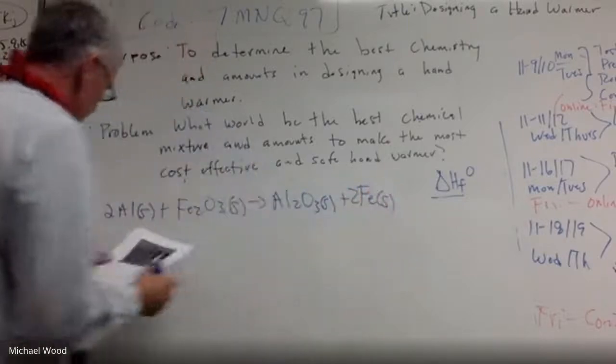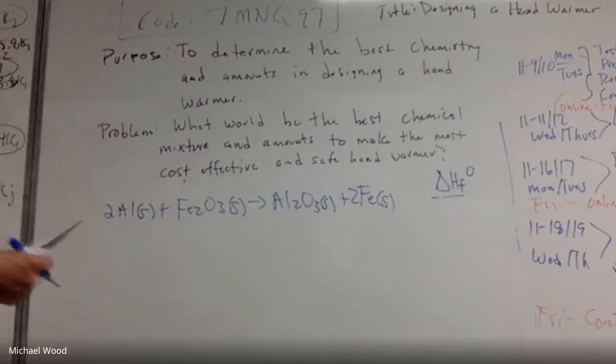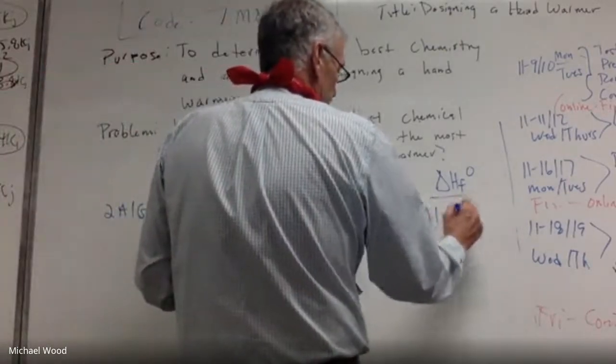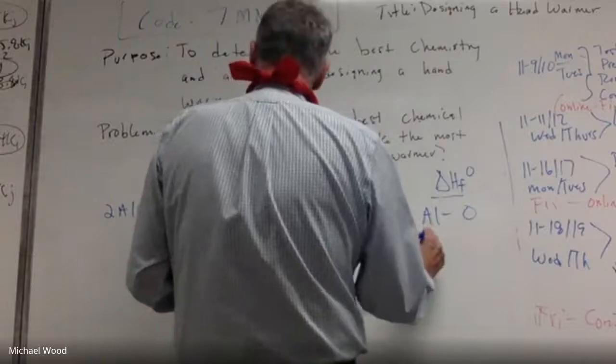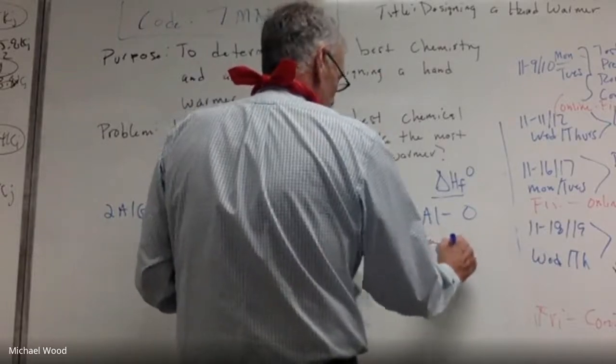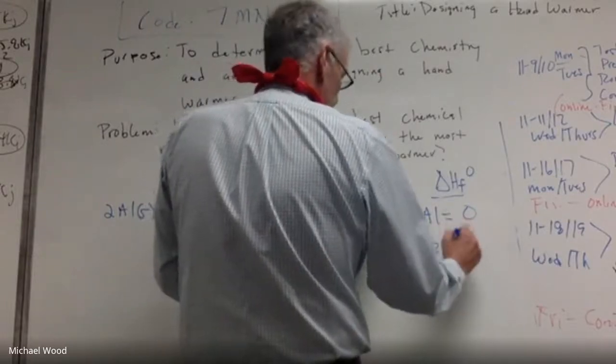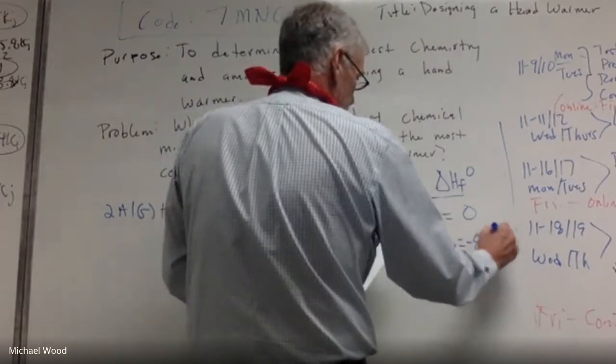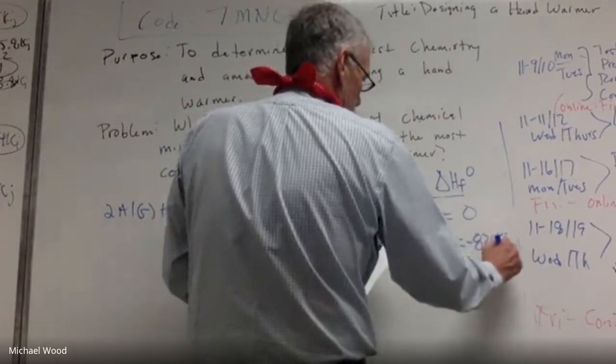Let me make sure we put that out right. Okay, so here are the values. Again, lone elements like aluminum are always 0. So aluminum is 0. The Fe2O3, when you look on the table, is negative 826 kilojoules per mole.